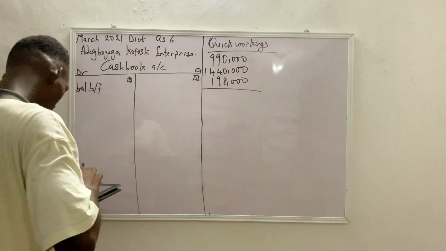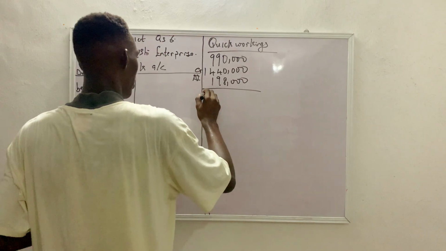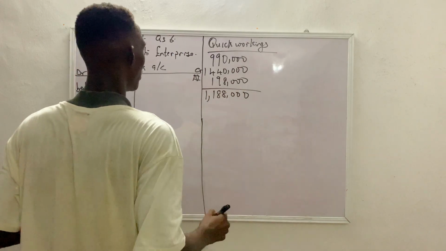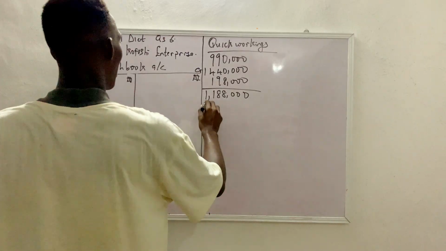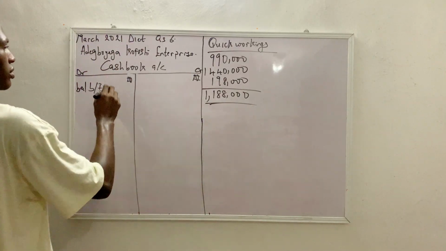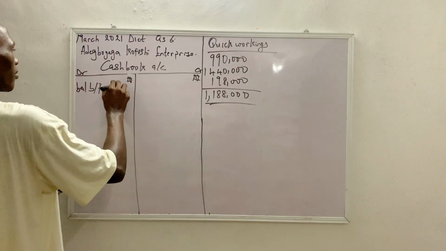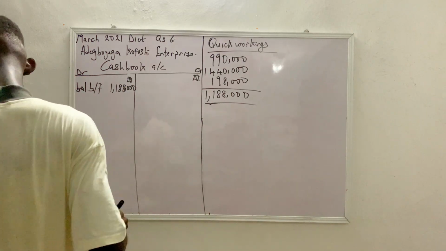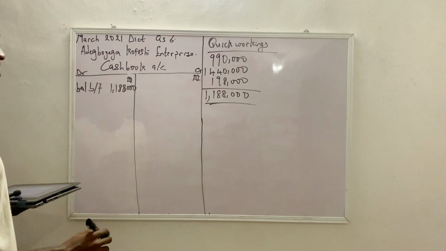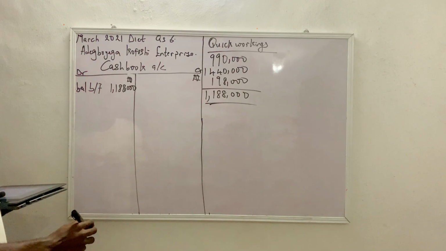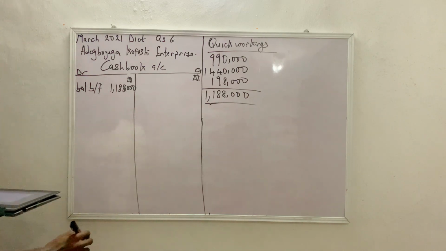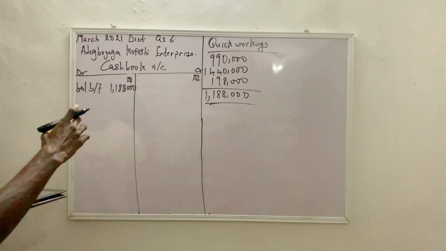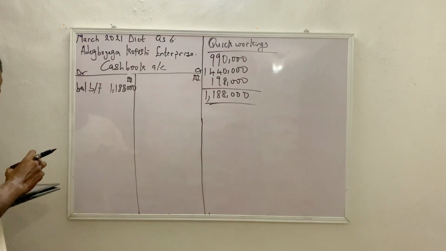So everything you total is 1,188,000 naira. So this will be his balance brought forward. Now that's for December 1st, but I decided to omit the date because of space and the likes.